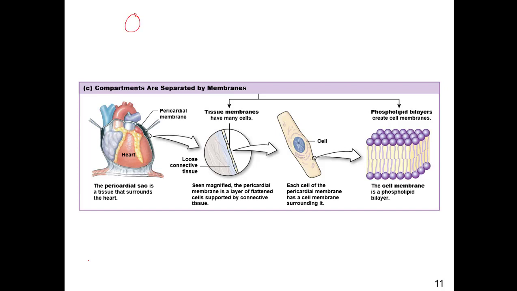It has a head and two tails off of it. Let me describe for you what this is showing. This is a representation of a phosphate group. And these two tails, if you recall, are fatty acids.